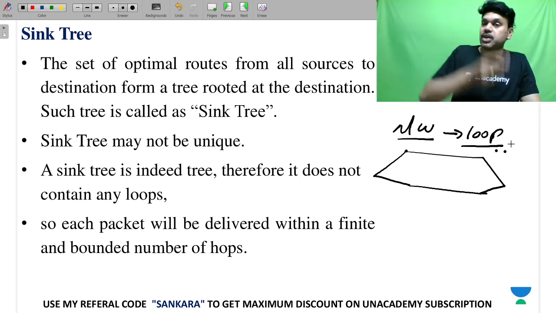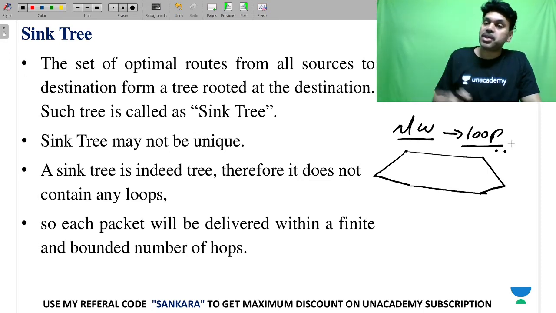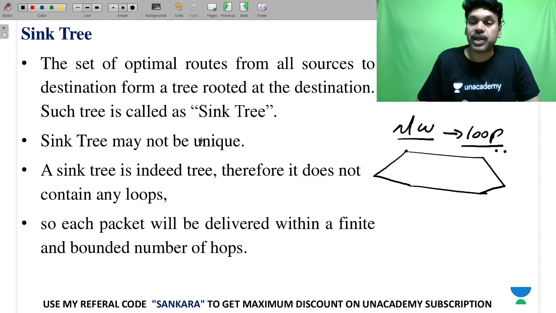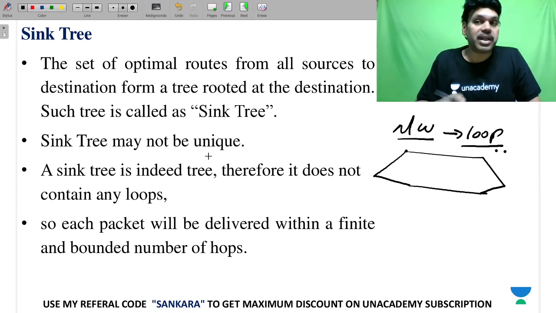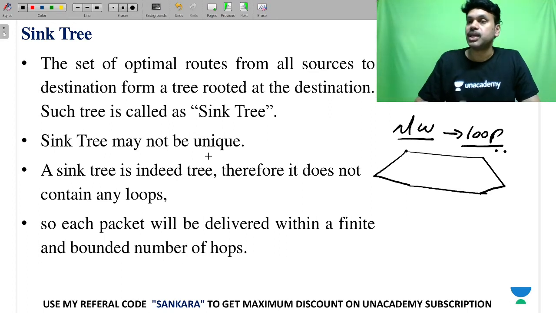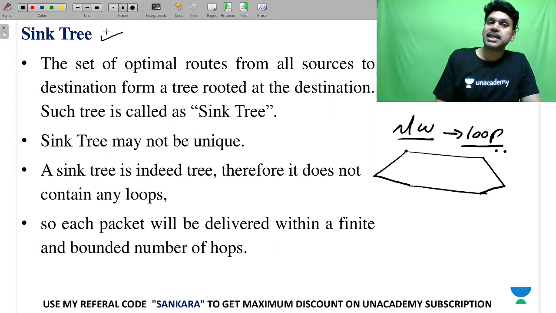Because if the destination is not available or any link fails, it keeps on rotating your data packet. That's why we always want a network to be free from loops. When a network or a tree is free from loops, it is called a sink tree. Very important 1 mark question.